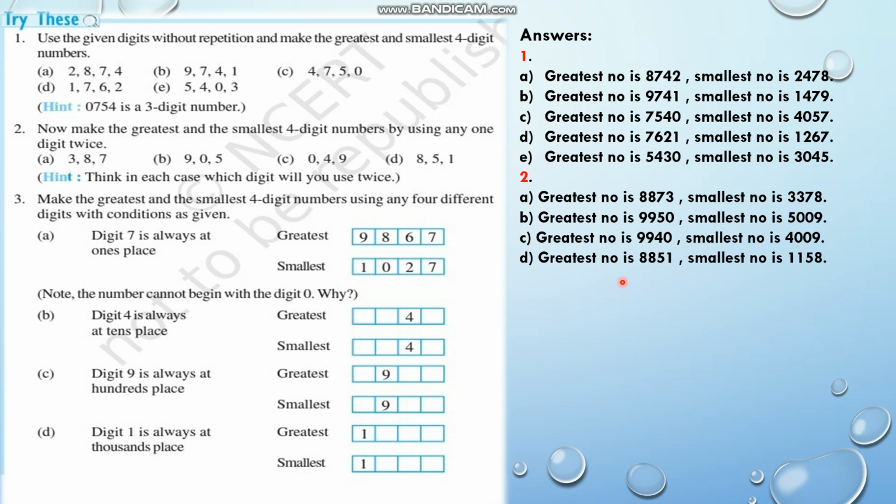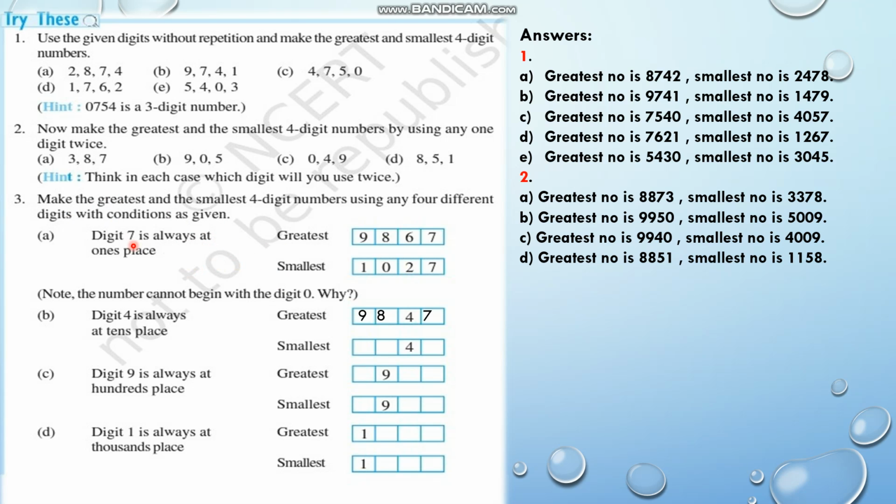Got it, children? Okay. Now we are moving to the next question. Make the greatest and the smallest 4-digit numbers using any 4 different digits with the conditions as given. So according to the given conditions, you have to form the numbers.